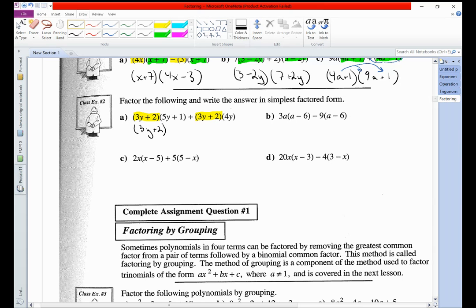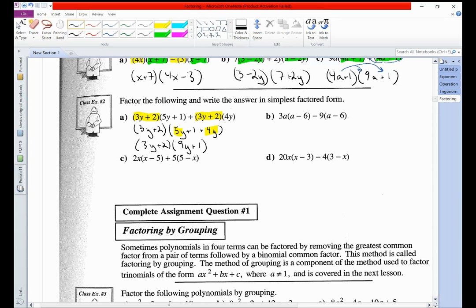And what I'm left with in the original expression is 5y plus 1 plus 4y. Now we want to simplify, and you can see that within the second brackets we have a 5y and a 4y, so we can add those together. Our final answer is 3y plus 2 multiplied by 9y plus 1, since 5y plus 4y is 9y.